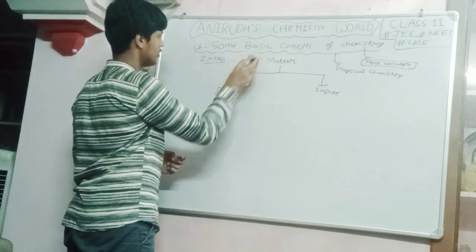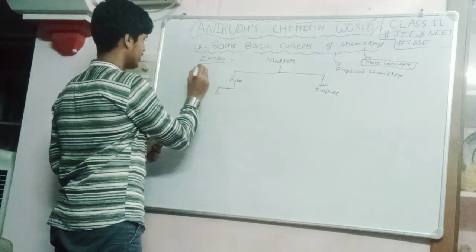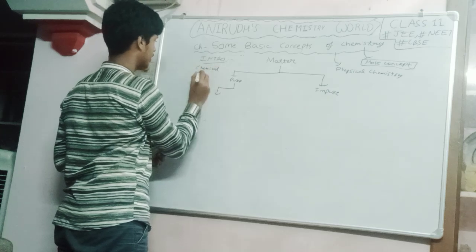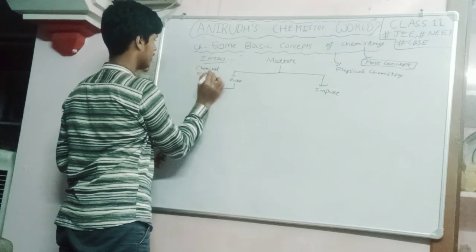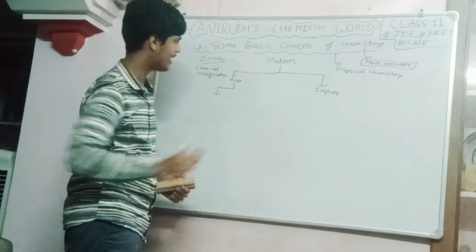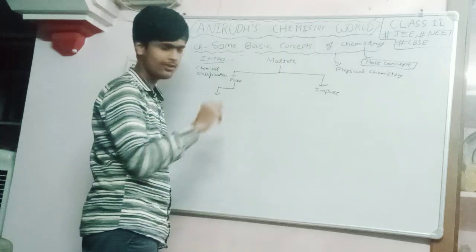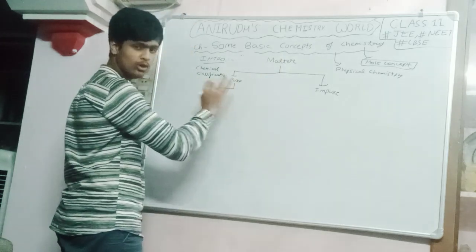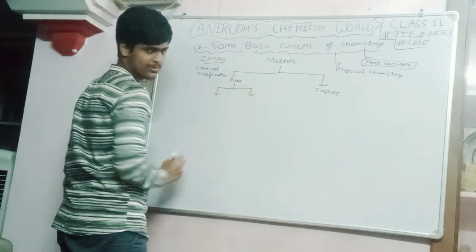Okay, I will be writing here for your better clarity. This is chemical classification. Matter is divided into two types: pure and impure. This pure matter is of two types.